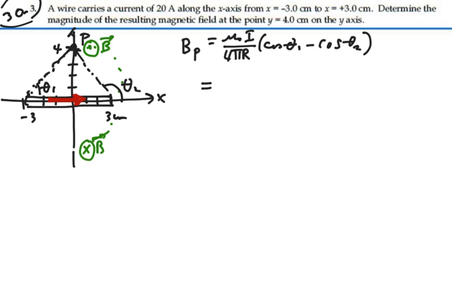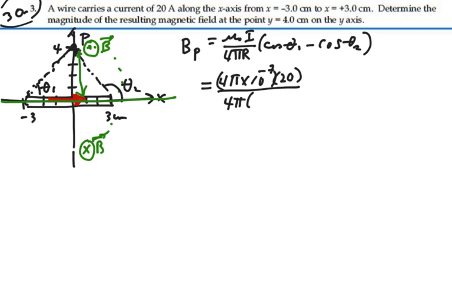As we continue this, we have mu naught, which is 4 pi times 10 to the minus 7. We have the current, which is 20 amps. We have 4 pi. We have R. R is the shortest distance, the perpendicular distance to the line of action of this current. So since this current is going along the x-axis like this, the shortest distance truly is this distance right here.